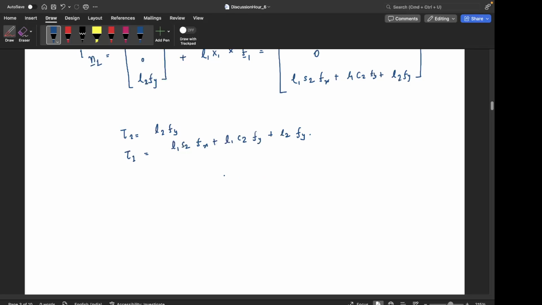Now if we write this expression in matrix form, then this becomes L1 S2, L2 plus L1 C2, 0 and L2, and this is Fx Fy.